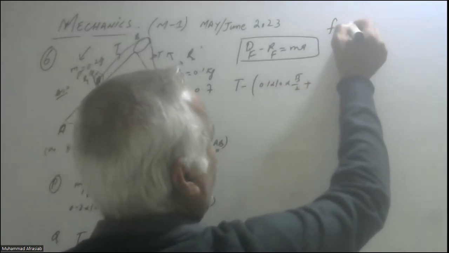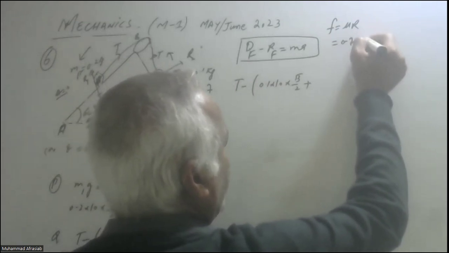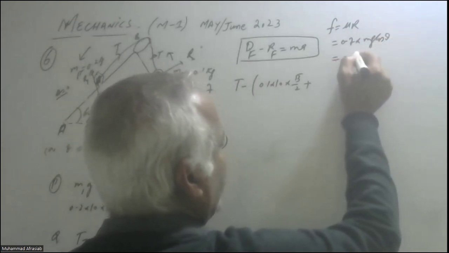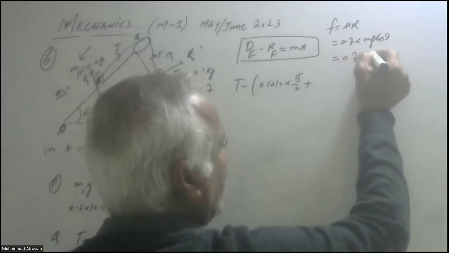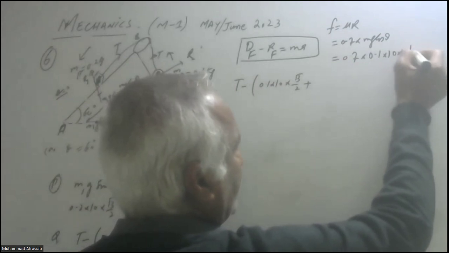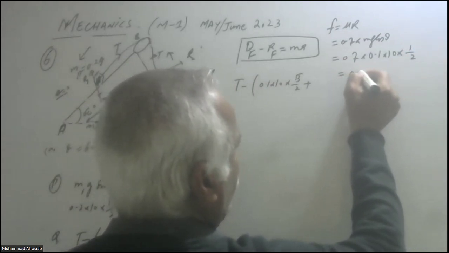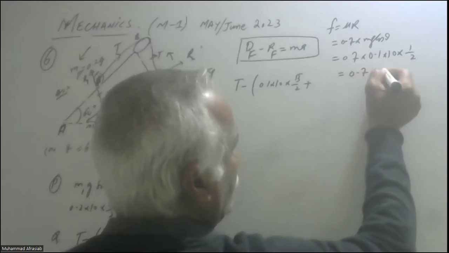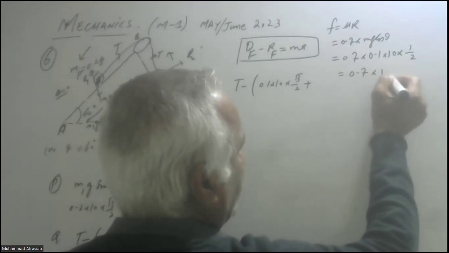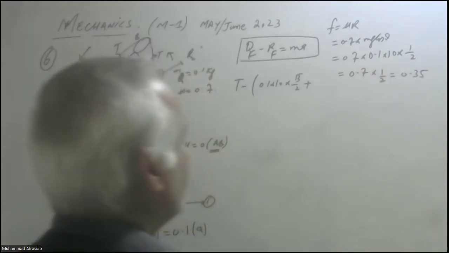We know that frictional force is mu R, mu is 0.7, R is mg cos of theta, so that is equal to 0.7 into m, that is 1, g is 10, cos of 60, that is equal to 1 by 2. So that is equal to 0.7 into 1 over 2, and that is equal to 0.35.